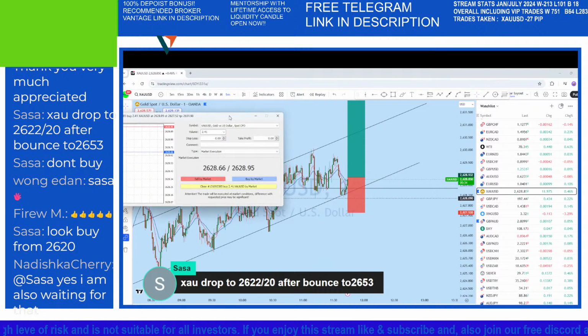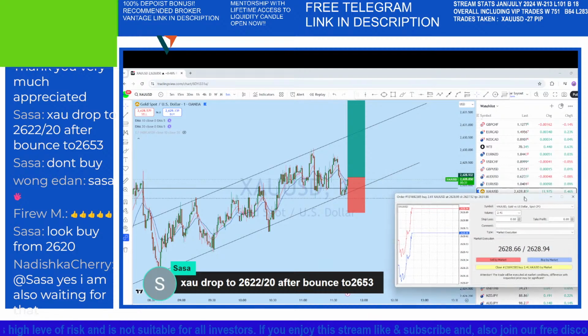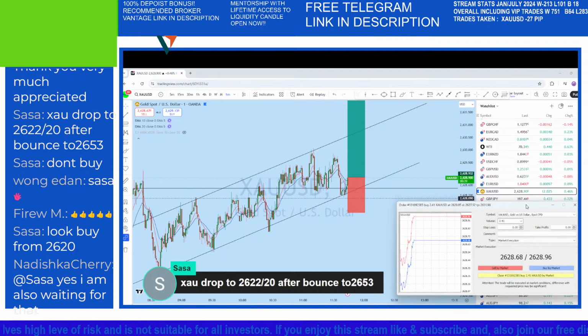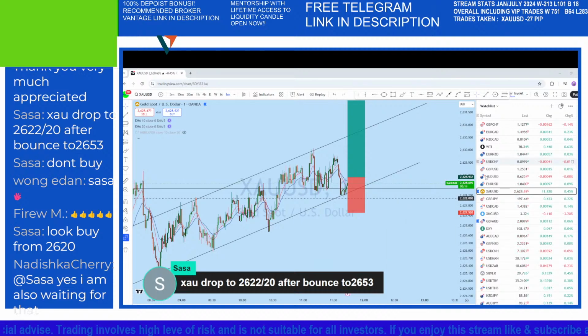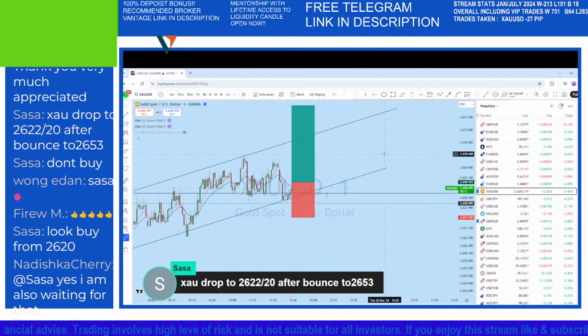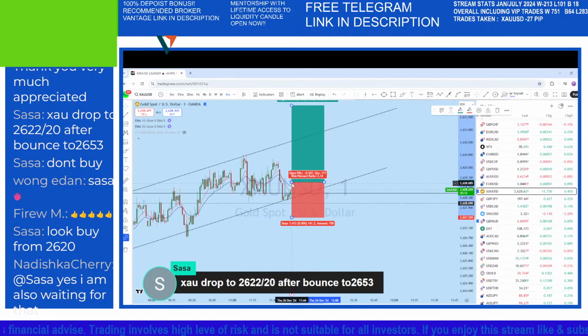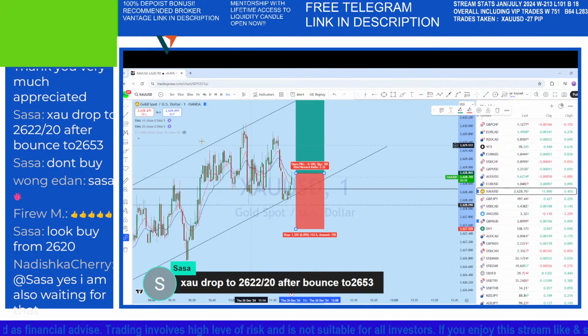So I'll keep it hold. So we are on this trade. So we got triggered, very tight stop loss, as I mentioned, only a few pips.